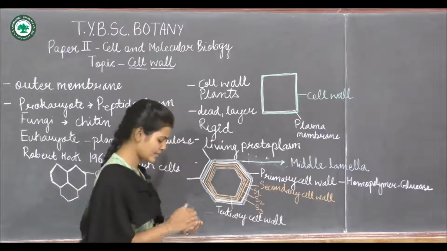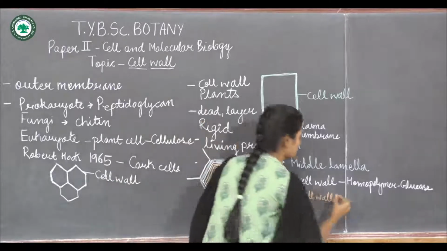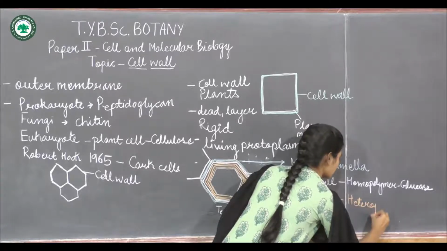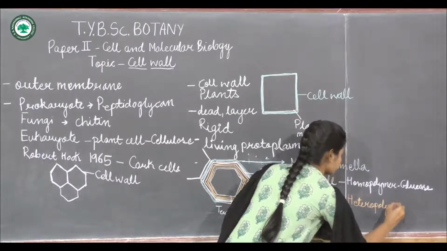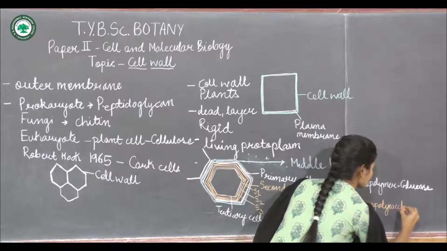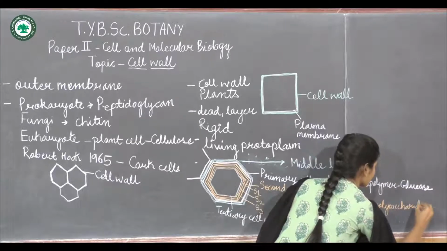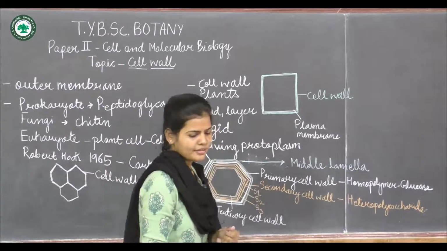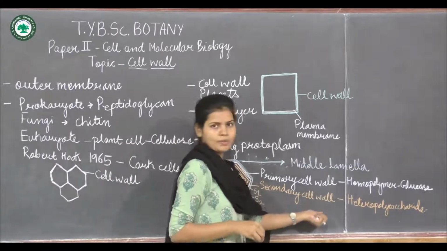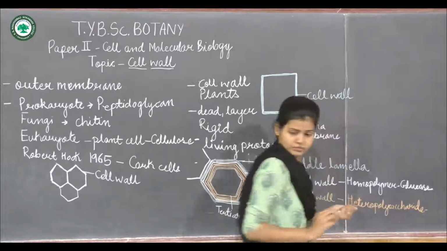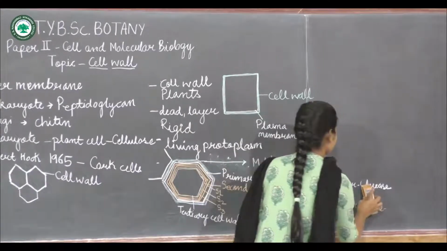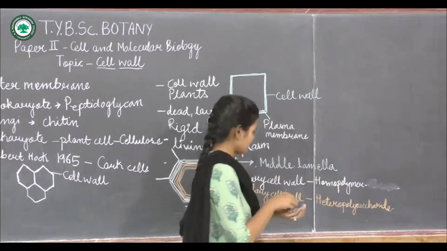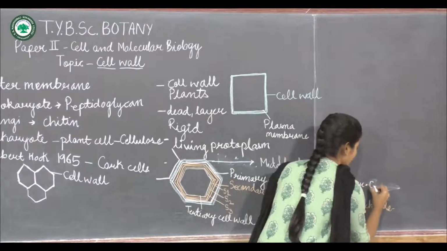Next to that, the secondary cell wall is a heteropolysaccharide, and it is also made up of cellulose.